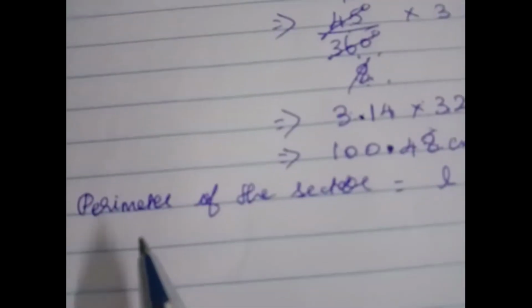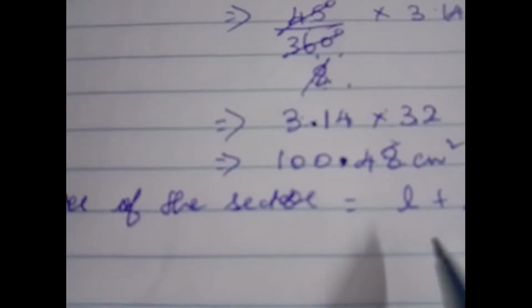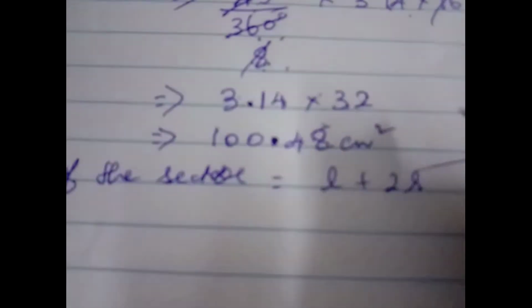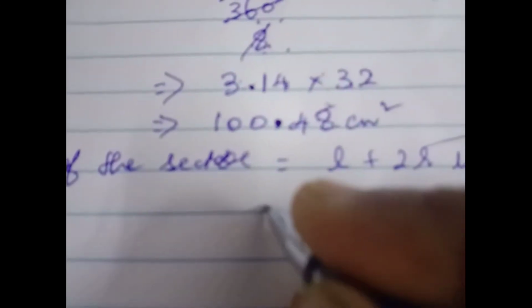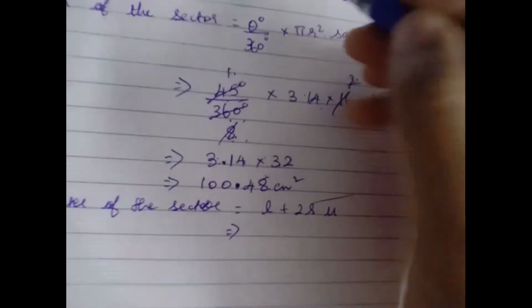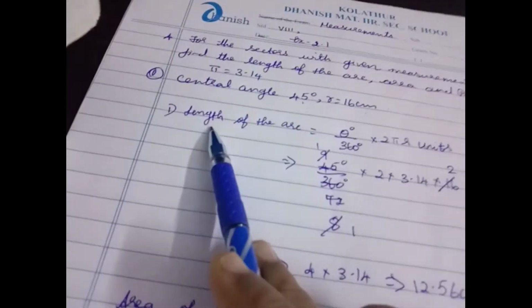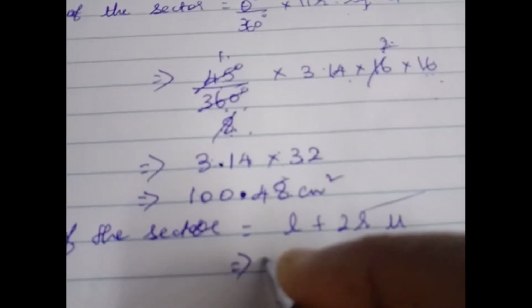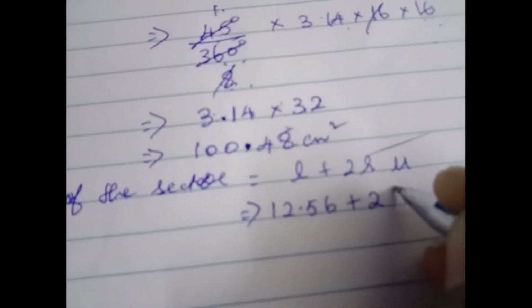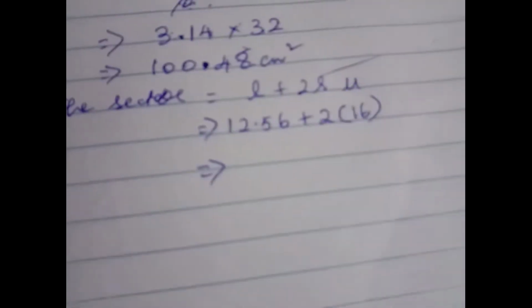Next one is perimeter of the sector. Perimeter of the sector is equal to L plus 2R units. Value of L is what you found out here in the first question. Length of the arc is equal to 12.56 centimeter. So substitute the value in the place of L plus 2 into R. R value is what they given, 16.